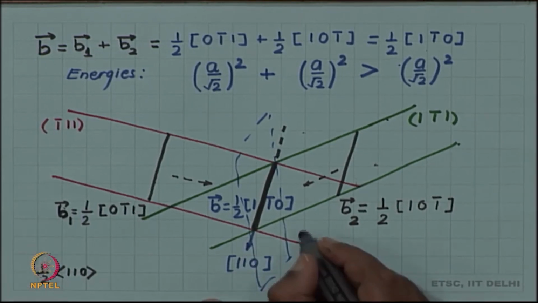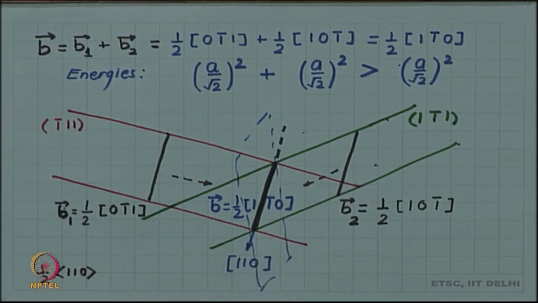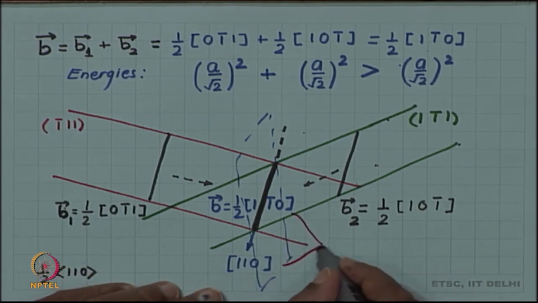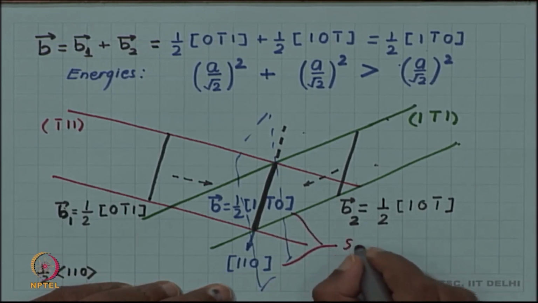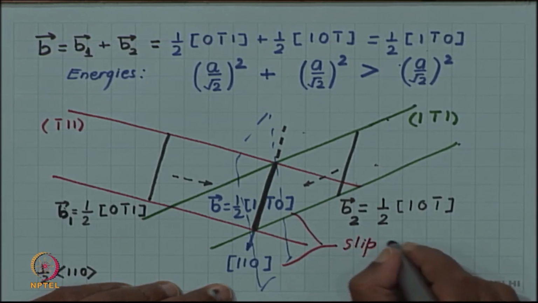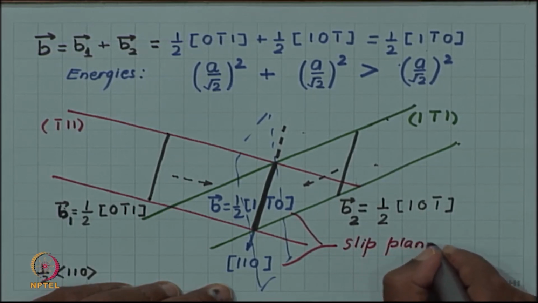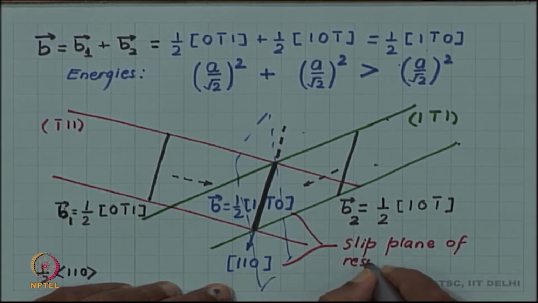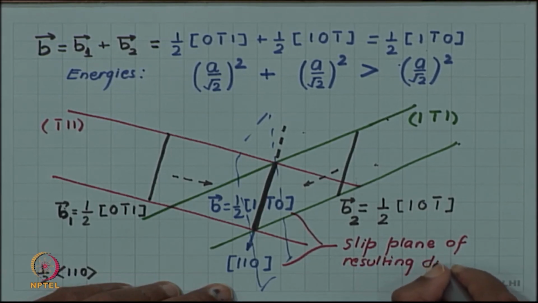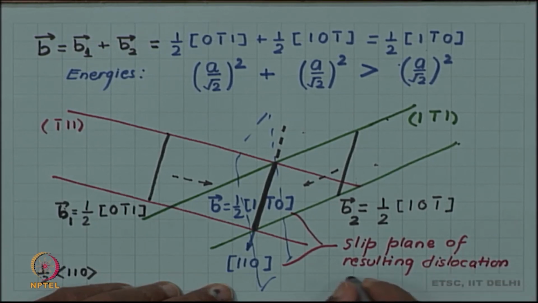So, using the Weiss zone law, you can find the common plane for these two. So, the slip plane of the resulting dislocation is 0 0 1.